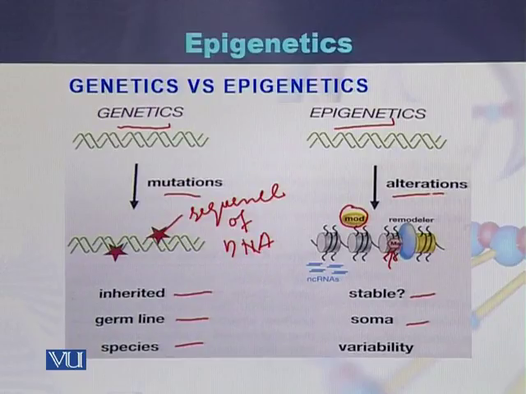So we can conclude that in genetics there are mutations, or a variation in the sequence of the DNA, while in epigenetics there are certain alterations, that is, addition of a methyl group on the cytosine, or acetylation or phosphorylation.